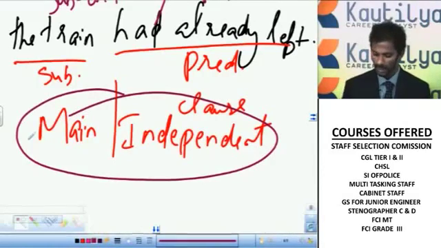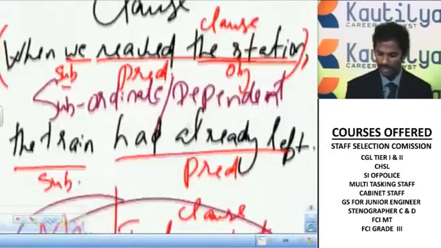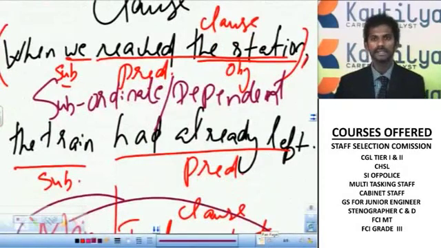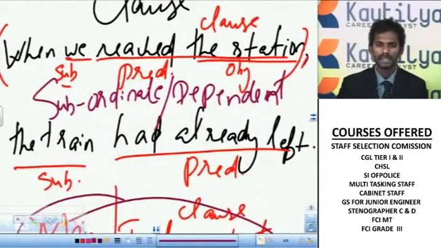Fine. Now come to the first clause. When we reached the station. If I say when we reached the station, is the meaning complete or incomplete? It makes an incomplete sense. It makes an incomplete meaning. That means the first clause depends upon the second clause to gain a meaning.